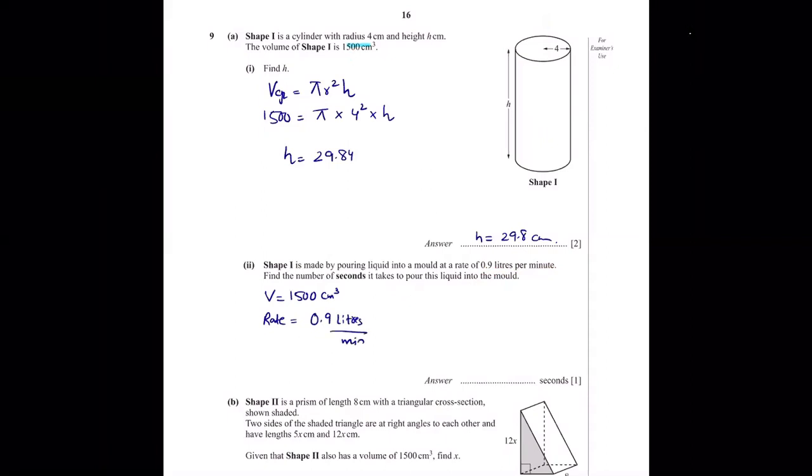So what we have to do is convert this value of liters per minute into centimeter cube per second. Okay, so I need to convert liters into centimeter cube and minute into seconds. So one liter has how many centimeter cube?